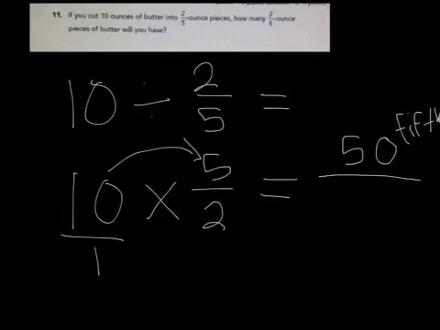And then here, dividing by 2 represents when we were circling the groups of 2. It represents the size of the group, which then gives me 25.